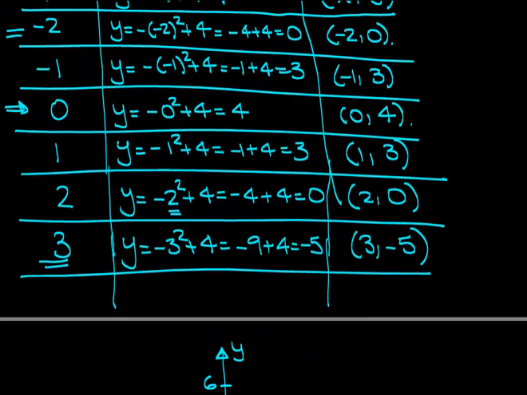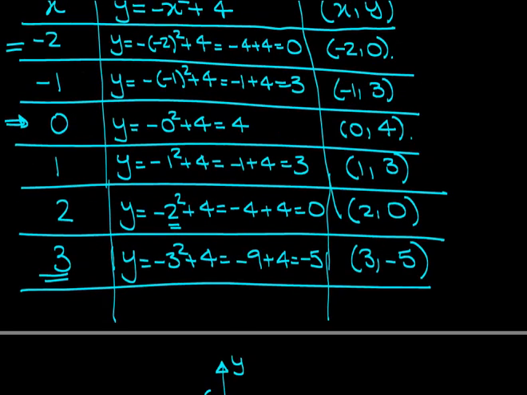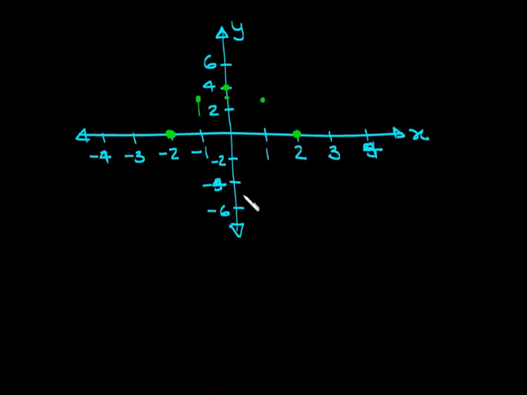The next point is 1, 3. X is 1, y is 3. Then we have 2, 0. That's this point. And then the last one is 3, negative 5. So negative 5 is out here. This is 3, so it's over here.